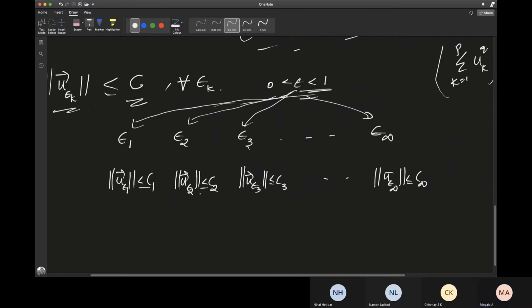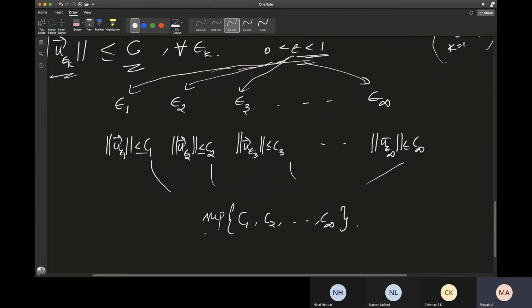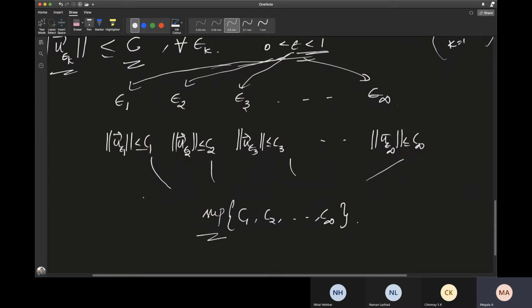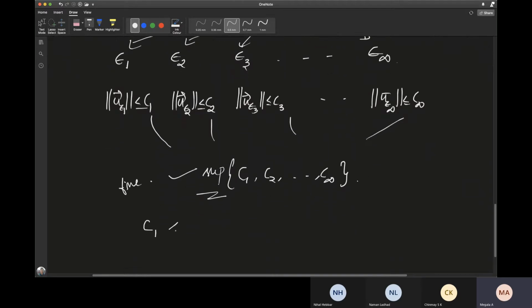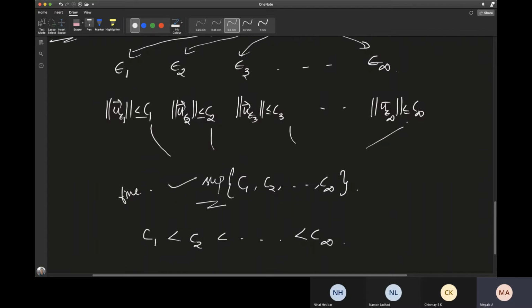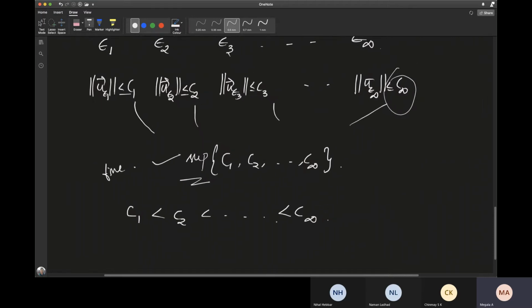If we are able to find some C which is the maximum or supremum of all of these C, then it's fine. Otherwise, what if C1 is less than C2, less than, and it goes on up to C infinity? What if the value keeps increasing? Then you will not be able to find a bound.